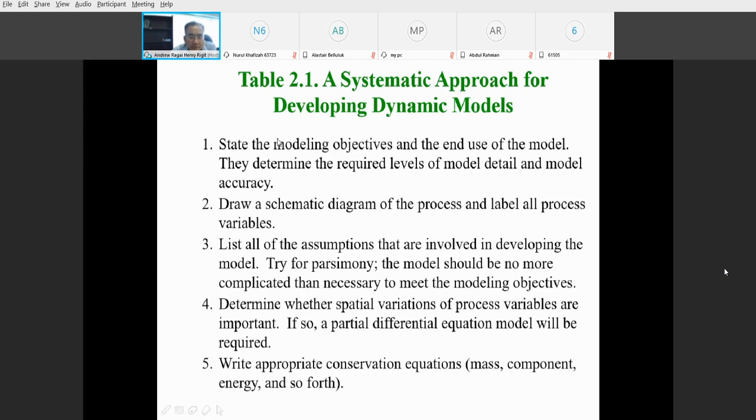So after you determine the objective, in other words the purpose of the model, we come up with number 2 there: to draw a schematic diagram of the process and label all process variables.